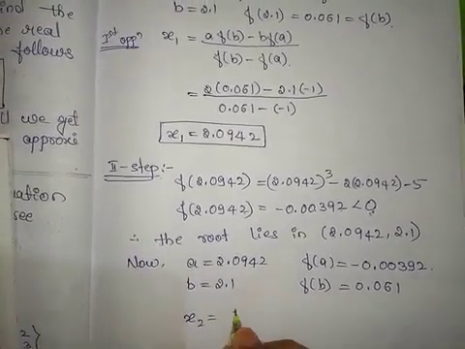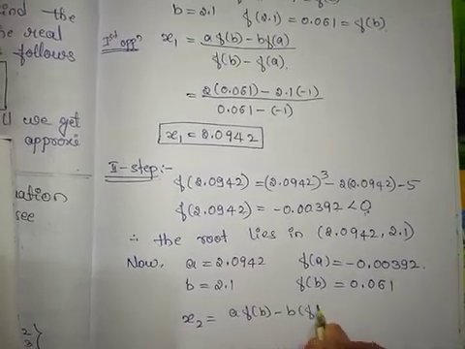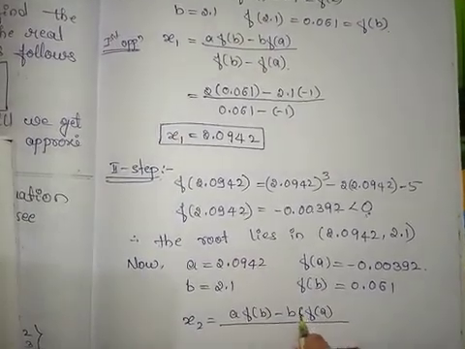Next, our second approximation value: x2 is equal to a into f of b minus b into f of a, whole divided by f of b minus f of a. The formula is the same, but the values are changing here.